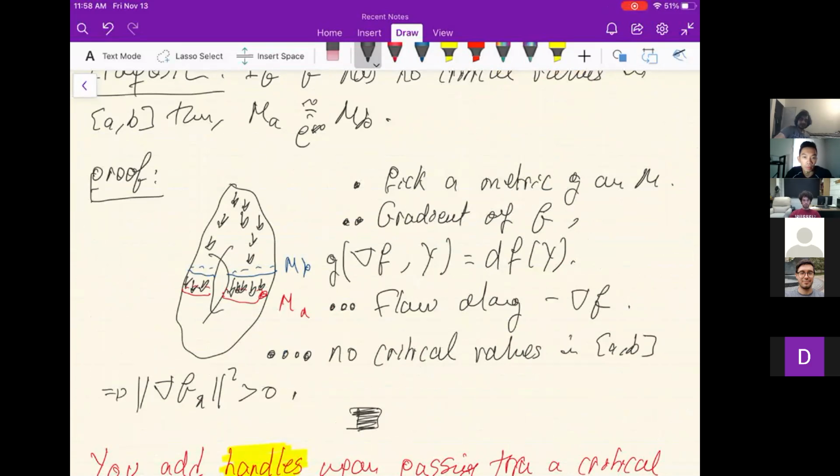Morse homology is a topological invariant of the smooth manifold, because it does not depend on the choice. The Morse complex would change, but Morse homology is independent of the choice of the Morse function. We can construct a smooth homotopy between those things. That is Morse theory.